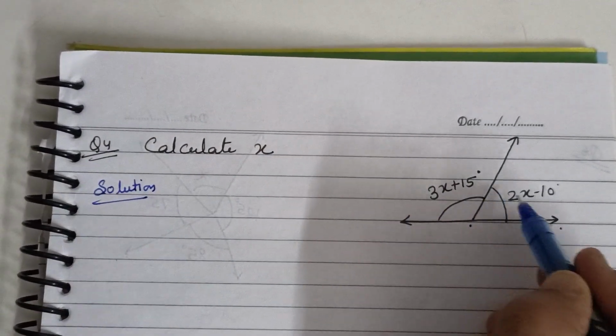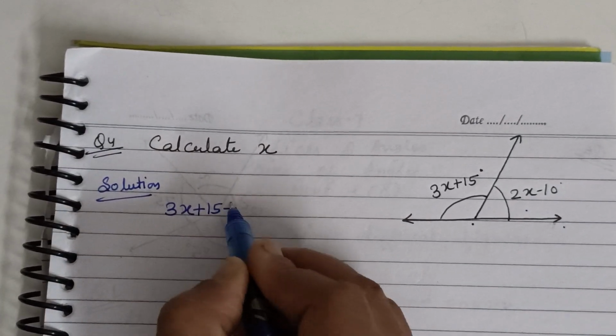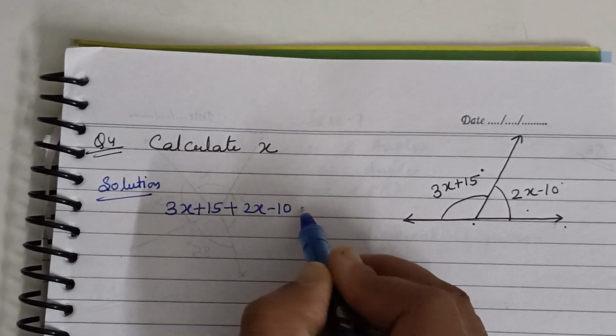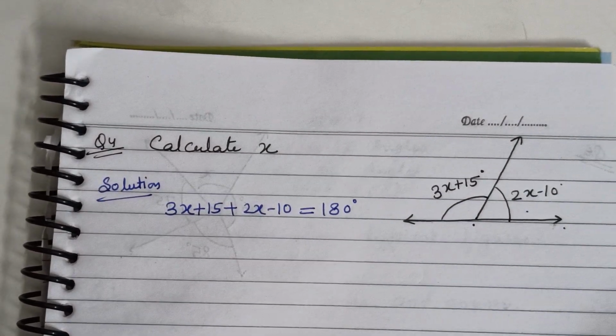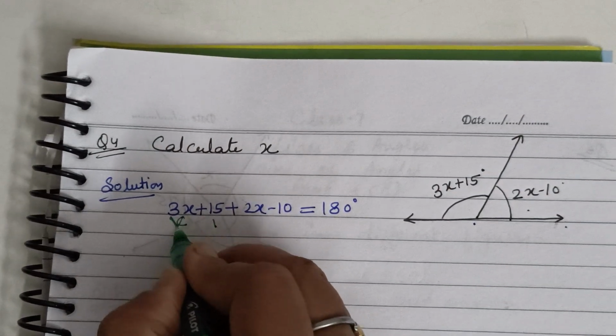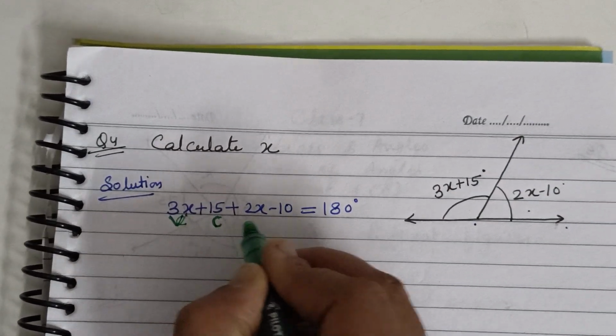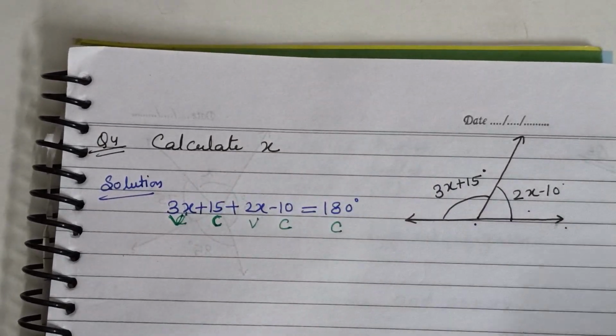The sum of these two angles, 3x plus 15 plus 2x minus 10, is equal to 180 degrees. Now, this is a variable, this is a constant, this is a variable, and this is a constant.